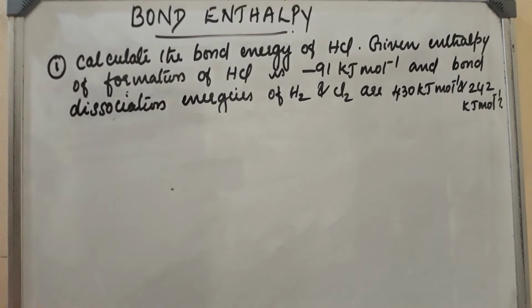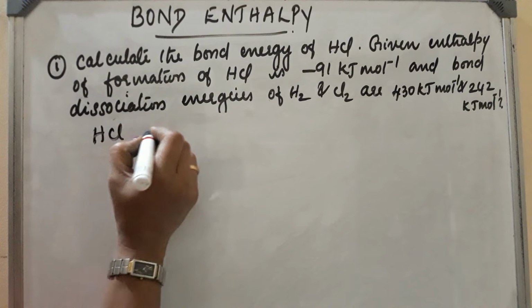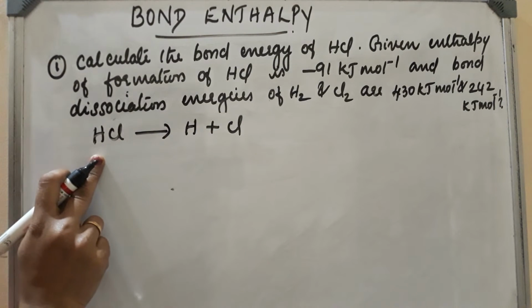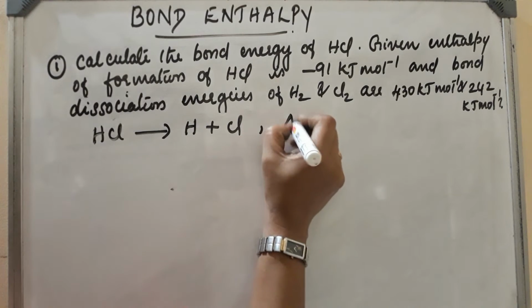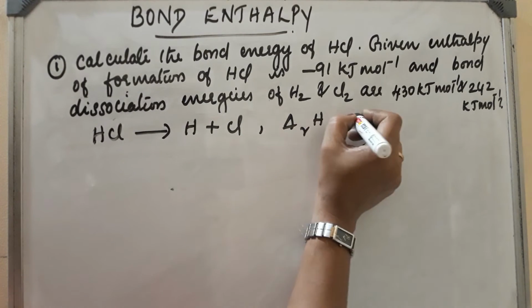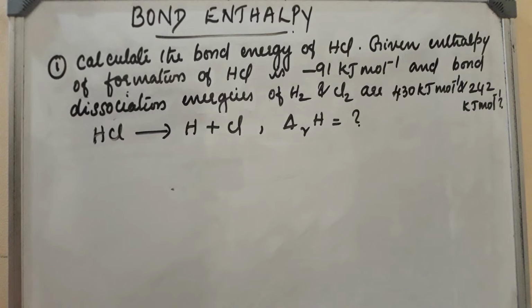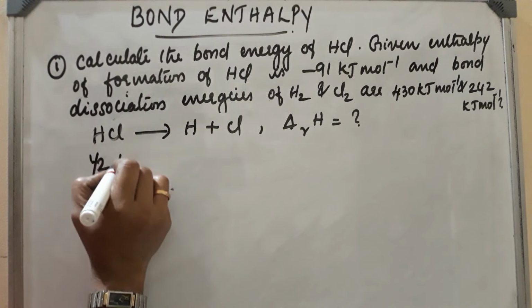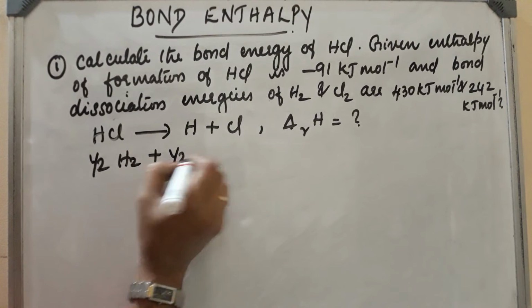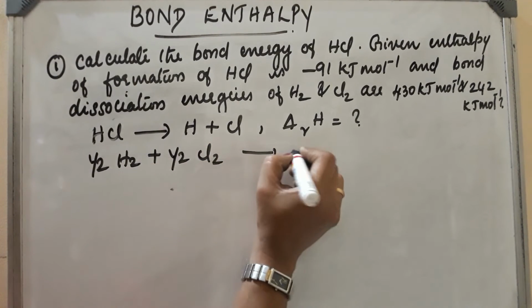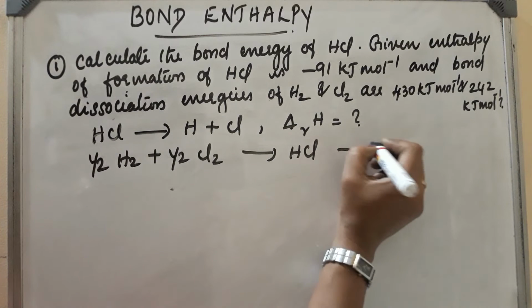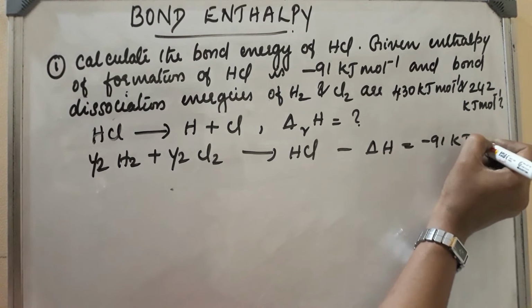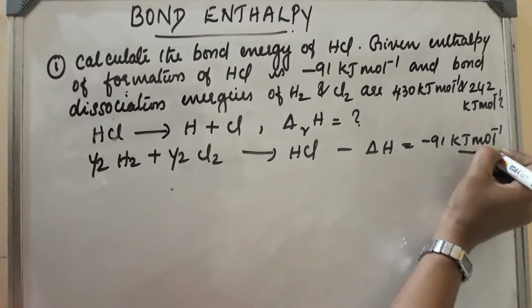Okay, so bond energy of HCl we have to find, for the breakage of HCl. It is given, the bond formation is given, that is half H2 plus half Cl2 gives HCl, delta H equal minus 91 kilojoule per mole. This much energy is released.